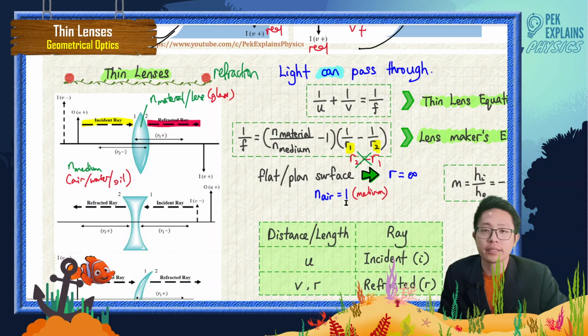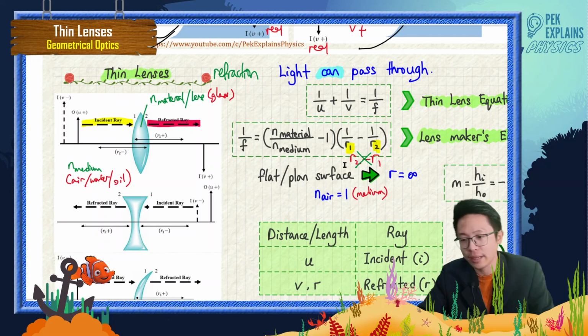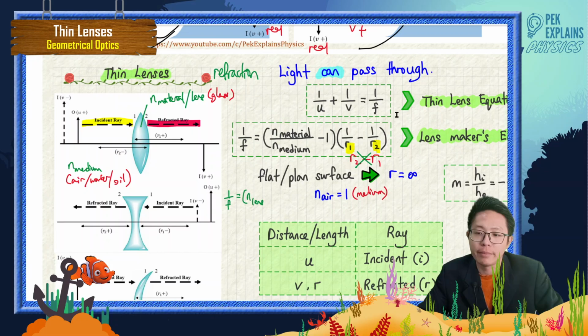So the formula can be further simplified. If the medium is air, n equals 1, so you can simplify the formula into 1 over f equal to (n lens minus 1) times (1 over R1 minus 1 over R2), where n lens is the refractive index of the lens.